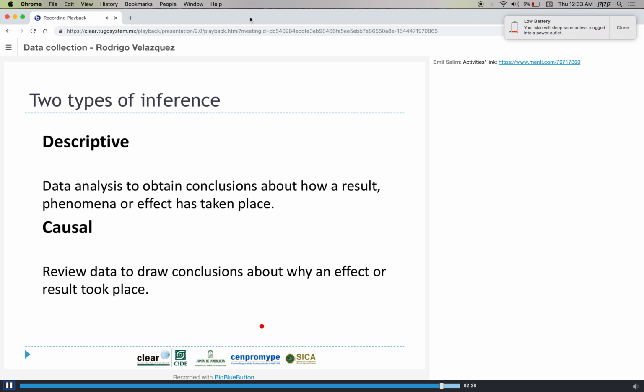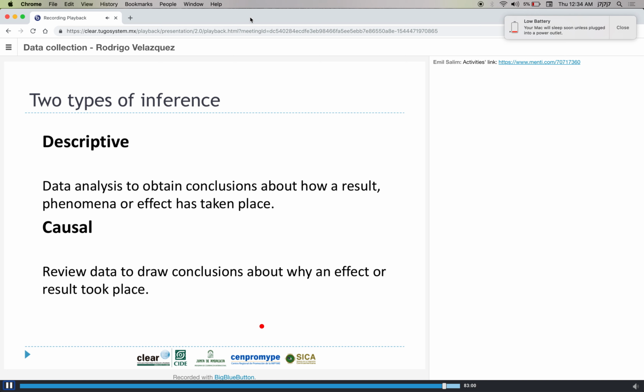In this case, we would be making a causal inference. For instance, the amount of homeworks and the results obtained. So in this case, we are reviewing data to understand why he passed the test or maybe flunked the test. So if we only analyze data and tests, then we would be making a causal inference.